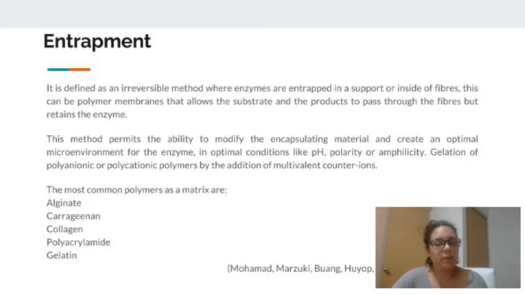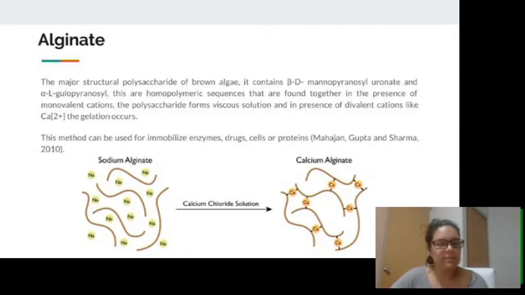This polysaccharide forms a viscous solution, and in the presence of divalent cations like calcium (Ca2+), gelation occurs. This method can be used for immobilizing enzymes, drugs, cells, or proteins. This comes from Mahajan, Gupta, and Sharma in 2010.